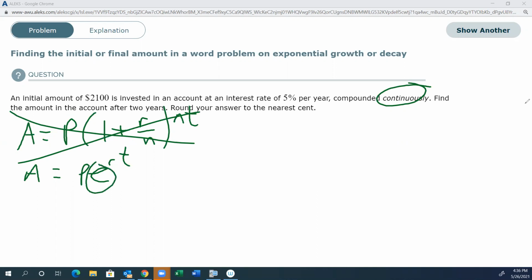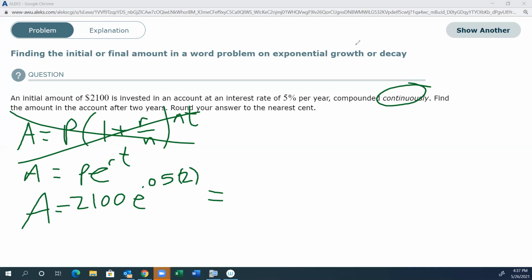And e is just that irrational number that's approximately 2.7. Okay, so it says you start with 2,100. Cool, so that's our P. At an interest rate of 0.05. And it says find the amount in the account after 2 years.